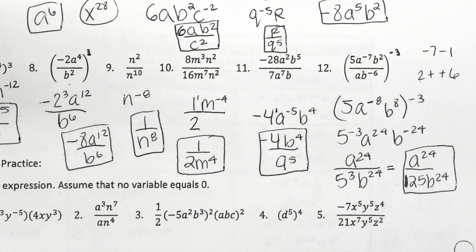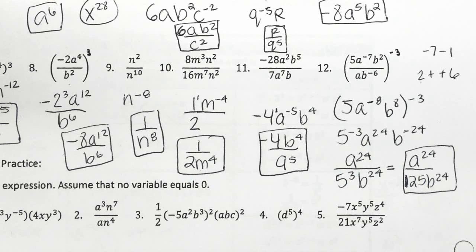Okay, I'm going to leave that up there and then I'm going to show you over here how to do it the other way, if you'd rather do that. The other thing you can do is distribute this negative 3 into all the terms before you simplify it. So this would be 5 to the negative 3.